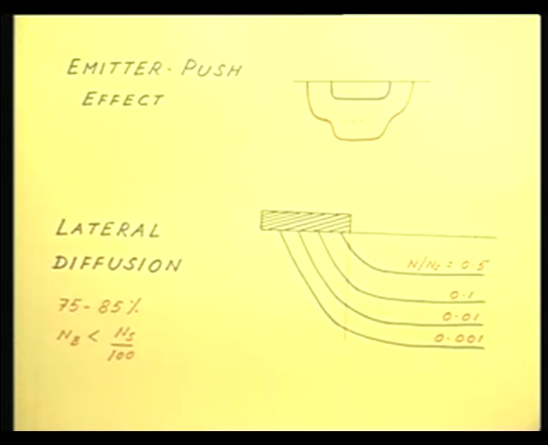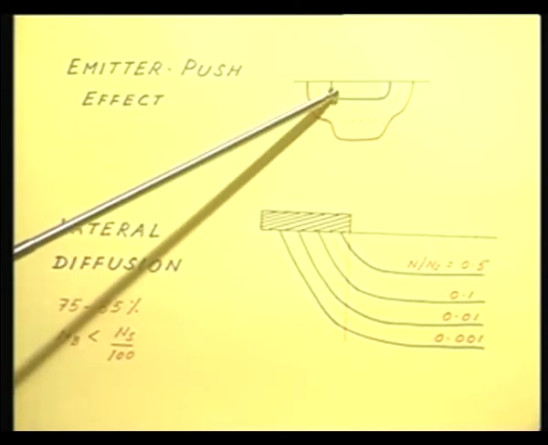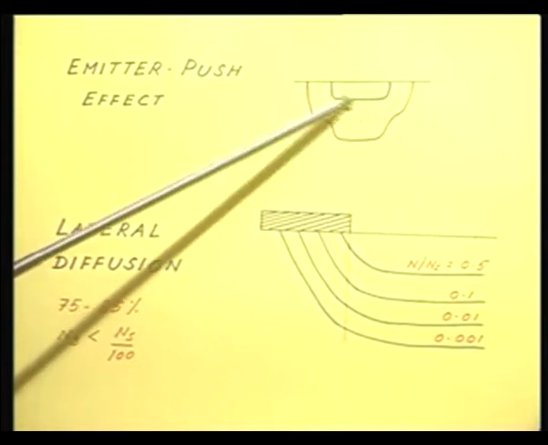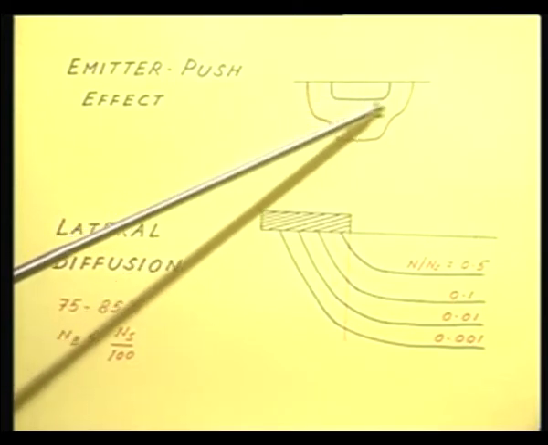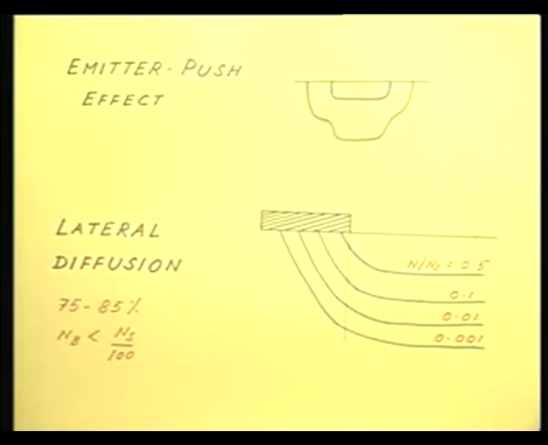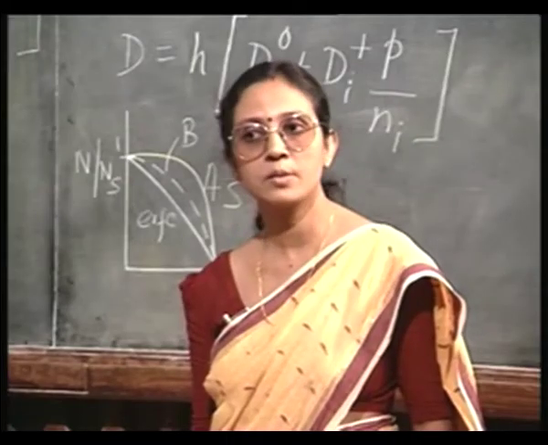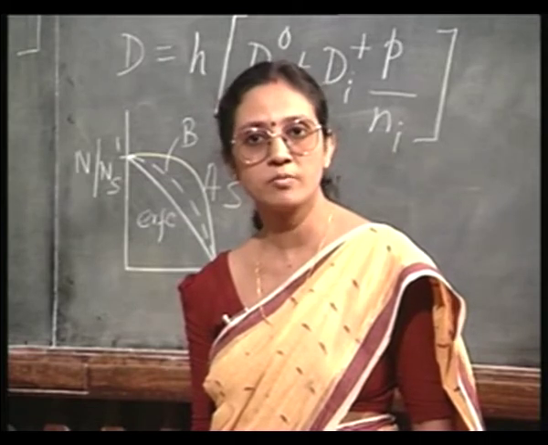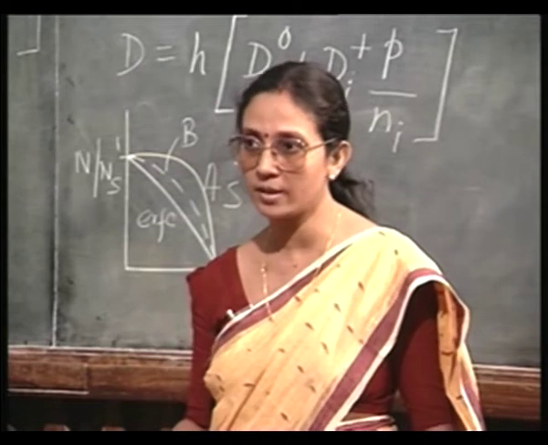So, these vacancies are here at the emitter base boundary. What will happen to the base dopants there? They will also get diffused. Their diffusion also will get more enhanced because of the presence of these vacancies, because you know vacancies can migrate.